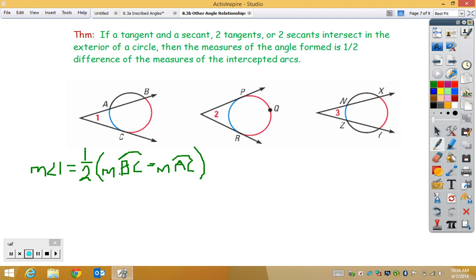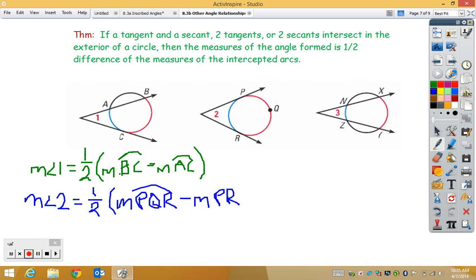The measure of angle 2 equals 1/2 the measure of arc PQR minus the measure of arc PR. And lastly, the measure of angle 3 equals 1/2.